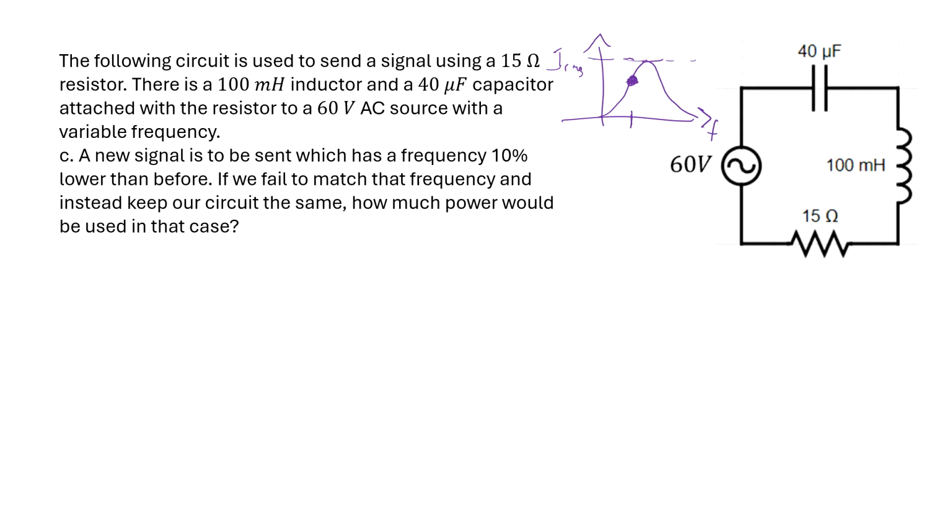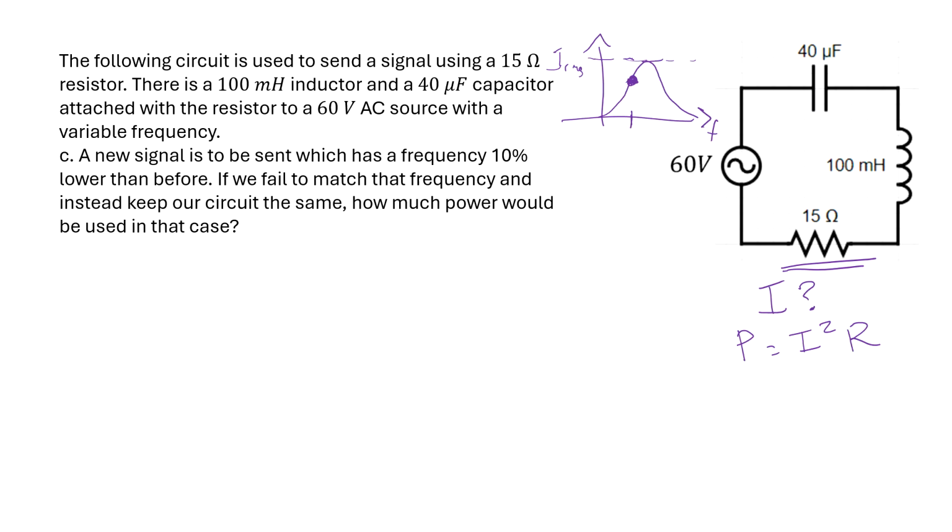So we've gone down by 10%, and then we need to find the power in this case. It's going to be the same idea, right? I need the current here, which is not going to be 4 amps, but if we find it, then we can still do P equals I squared R to find the power drawn by the resistor. And so we just need to find the I value now.